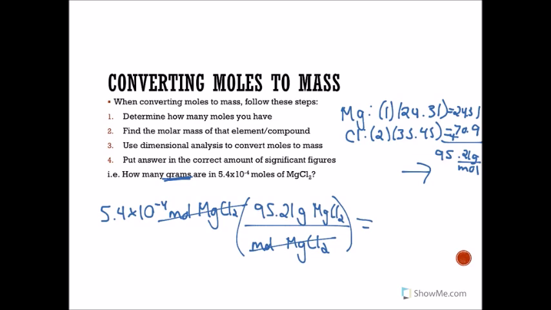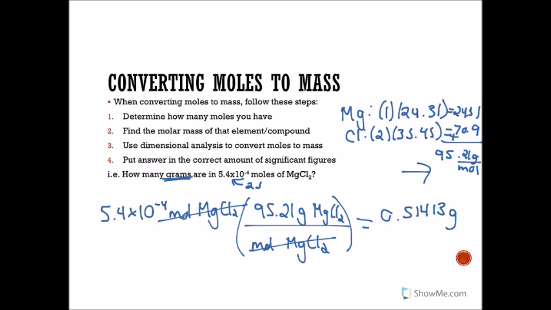Our moles cancel off, and we go 5.4 times 10 to the negative 4 multiplied by our molar mass of 95.21, and we get an answer of 0.51413 grams. We take a look at our number in the question.